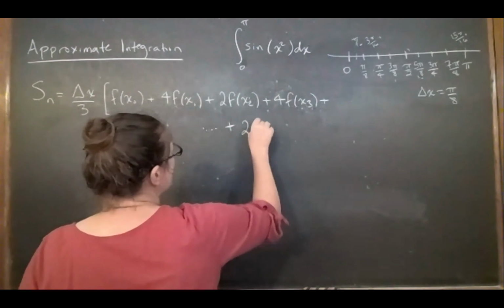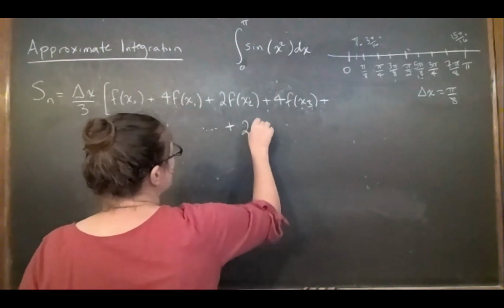And that will always happen if you have an even number of intervals. So it has to be an even number of intervals for this to work out. So let's do it in this case. In fact, I'm just going to write it out entirely here.